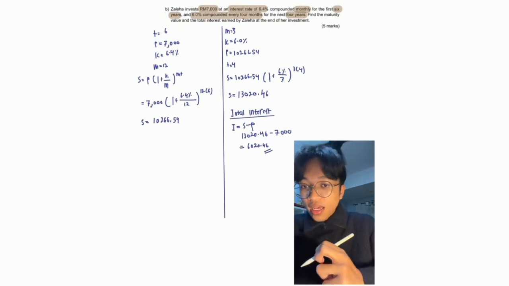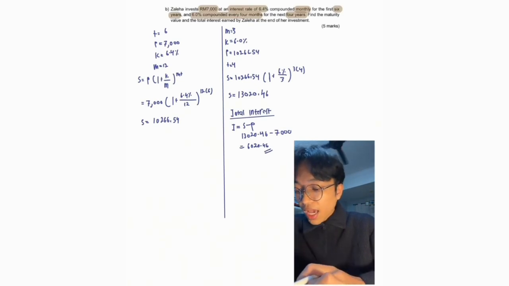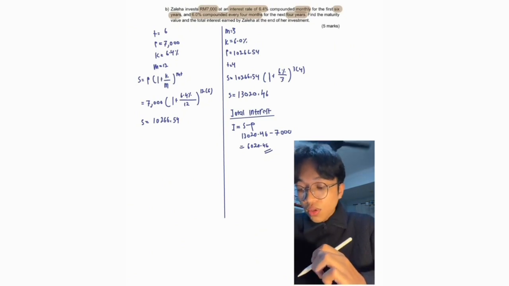Insert the numbers in the formula and we get 13,020.46. The total interest, I, equals S minus P, which is 13,020.46 minus 7,000, and we get the total interest 6,020.46.